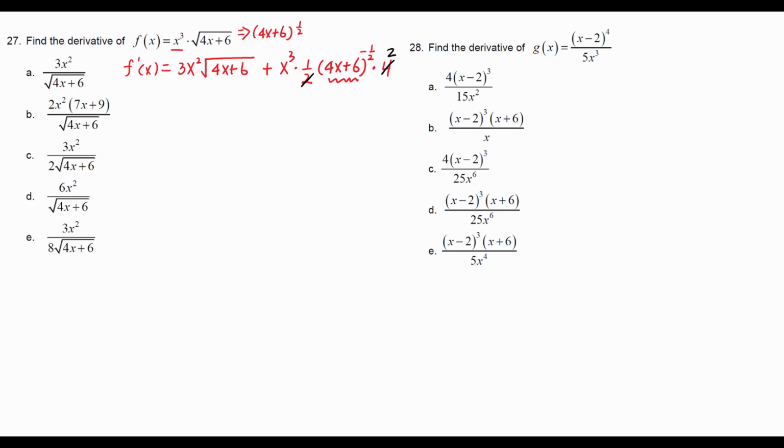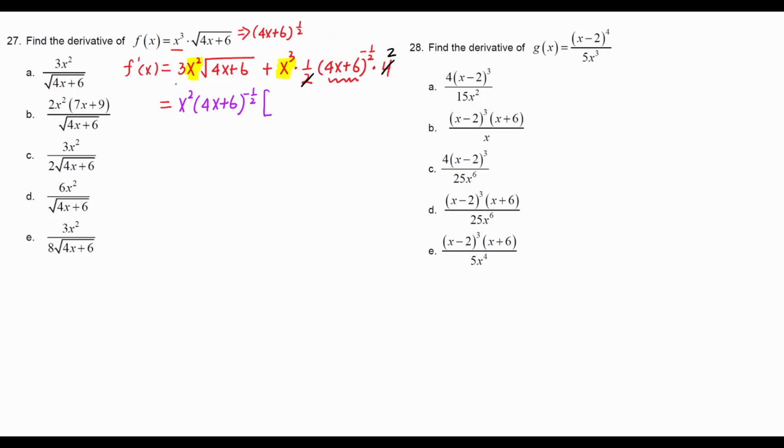Now to simplify that, I do see I have a common factor x squared and x squared, so we're going to take the x squared out. With 4x plus 6 to the 1/2 power and 4x plus 6 to the negative 1/2 power, we factor out the lower power. So you take out the x squared and 4x plus 6 to the negative 1/2 power.